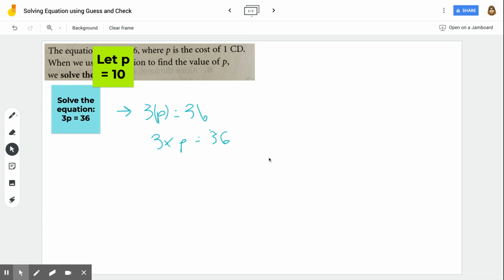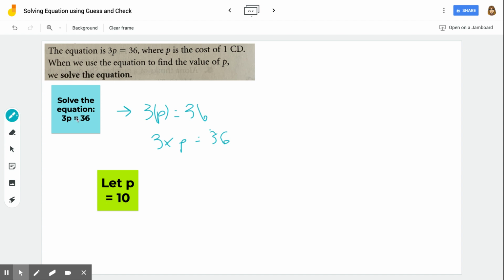So if p equals 10, I'm just going to plug that into my equation. So 3 times p is going to give me 36. Again, I'm just substituting the number 10 where that p would be. 3 times 10 equals 36.